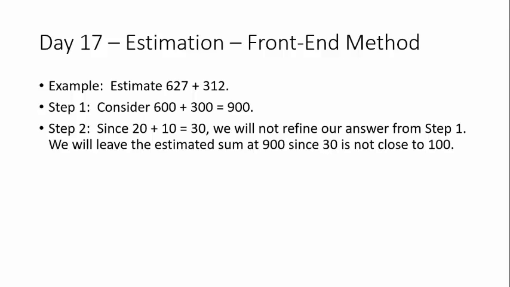In 627, after the 6 comes a 2. I consider that to be 20. In 312, the next digit after the 3 is 1. I consider that to be a 10. 20 plus 10 is 30. 30 is less than 50, so I do not need to refine my answer. I'll leave the estimate at 900.